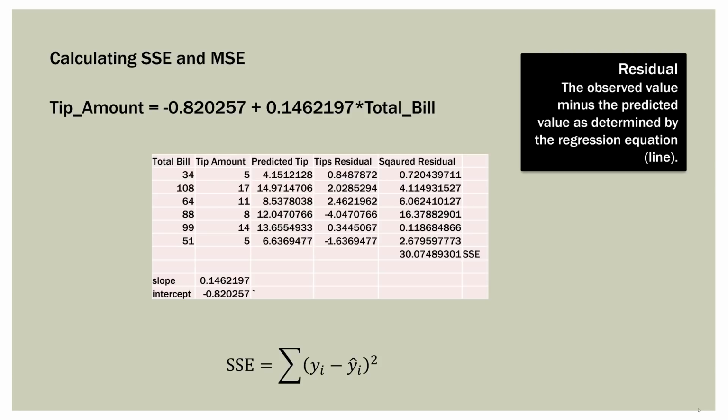And I did notice just now that there is a typo in "squared residual." I guess that's the country in me. Sorry about that typo. But going forward, we take the tip amount, y sub i, minus y hat sub i, which we get from the regression equation by inserting the bill amount. Then we subtract, square, add, and that's what we get, 30.07489. So you can actually see the numbers work out.